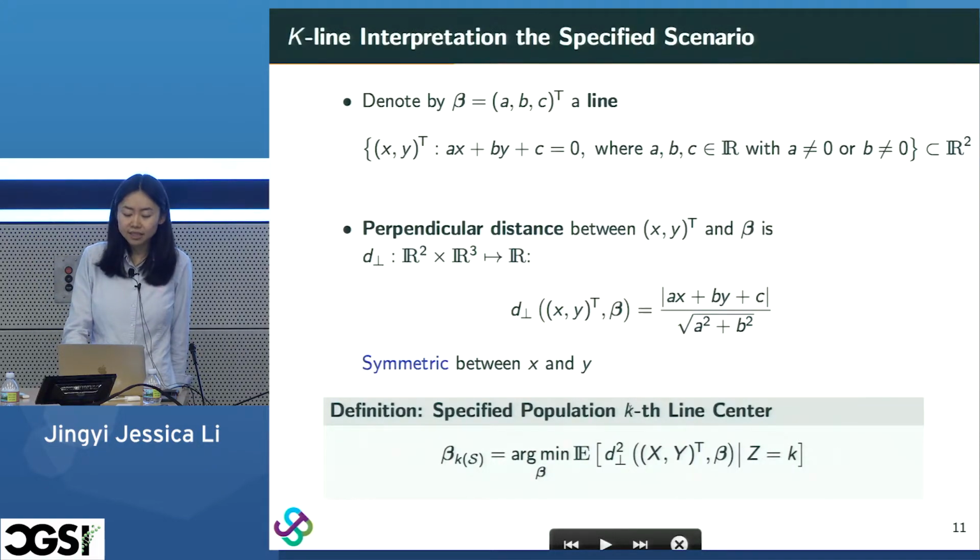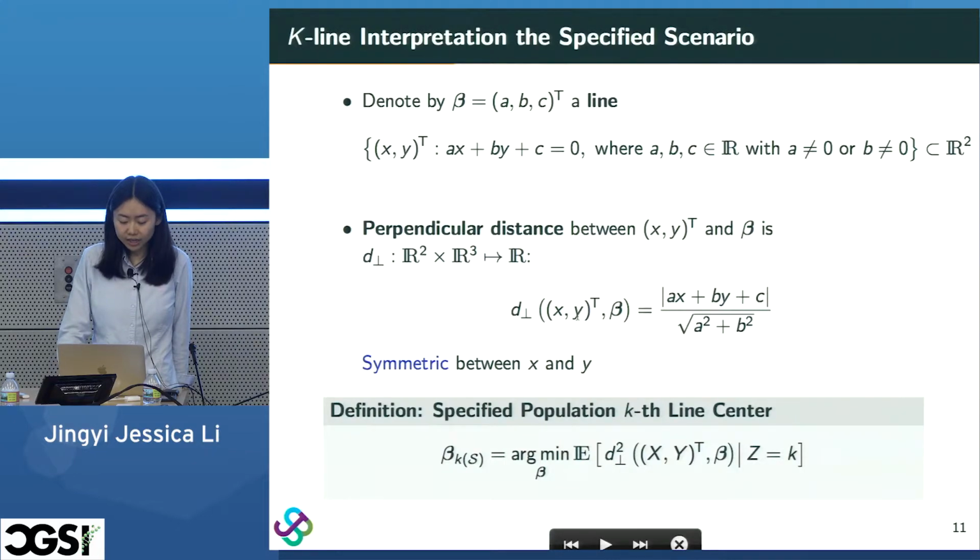The idea is that my measure wants to be symmetric between X and Y. So in this case, I do not have which one is the response and which one is the explanatory variable. So to measure the distance between a two-dimensional point and a line, the most reasonable one is the perpendicular distance. So I take the expectation over the joint distribution of X and Y, and then I find the line center that minimizes it.